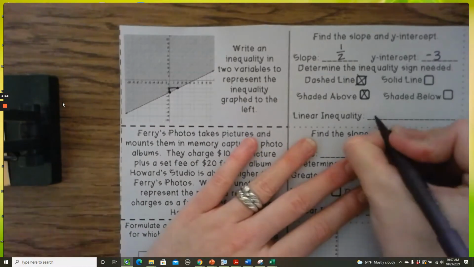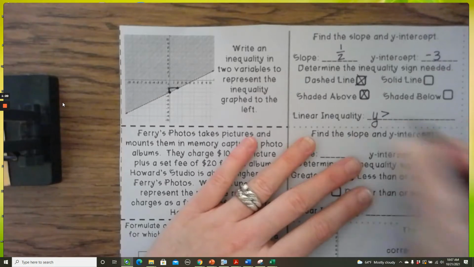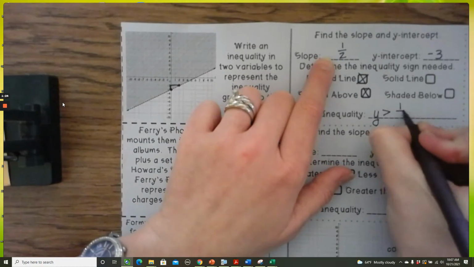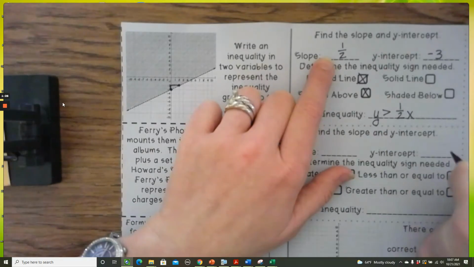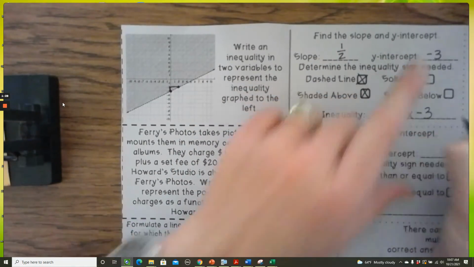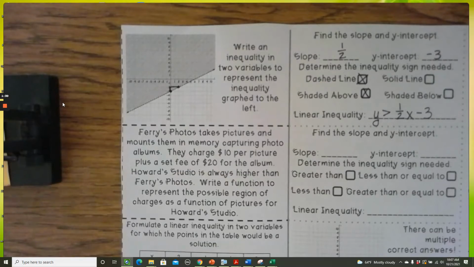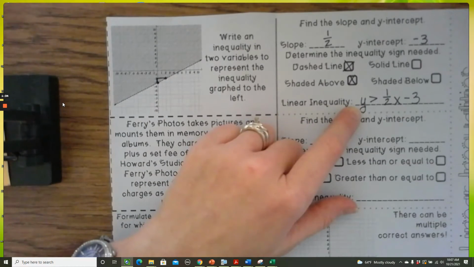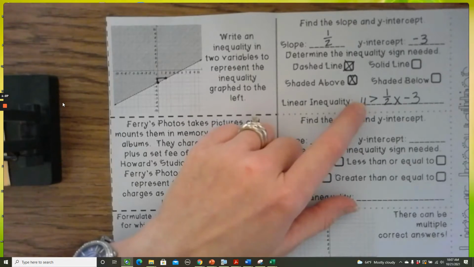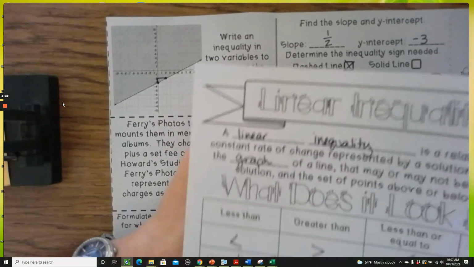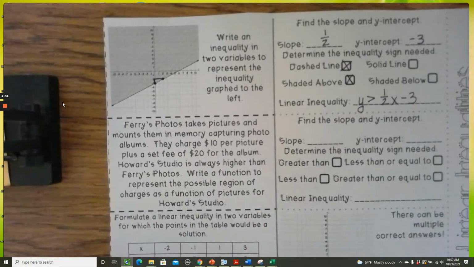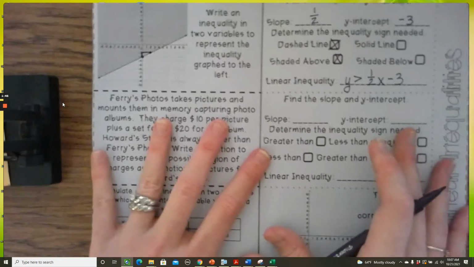So our inequality is going to be y is greater than, okay, then our slope, 1/2, then our x, then our y-intercept, okay? So that sign that you use, just like linear equations, they always start with y equals. Well, these start with y, but then based on what the graph looks like, you have to pick the right inequality sign.